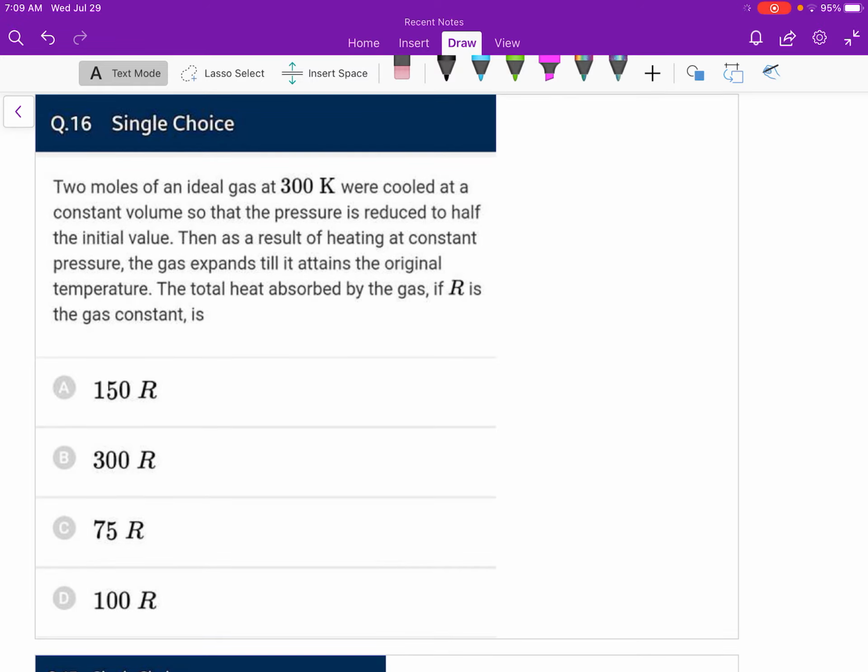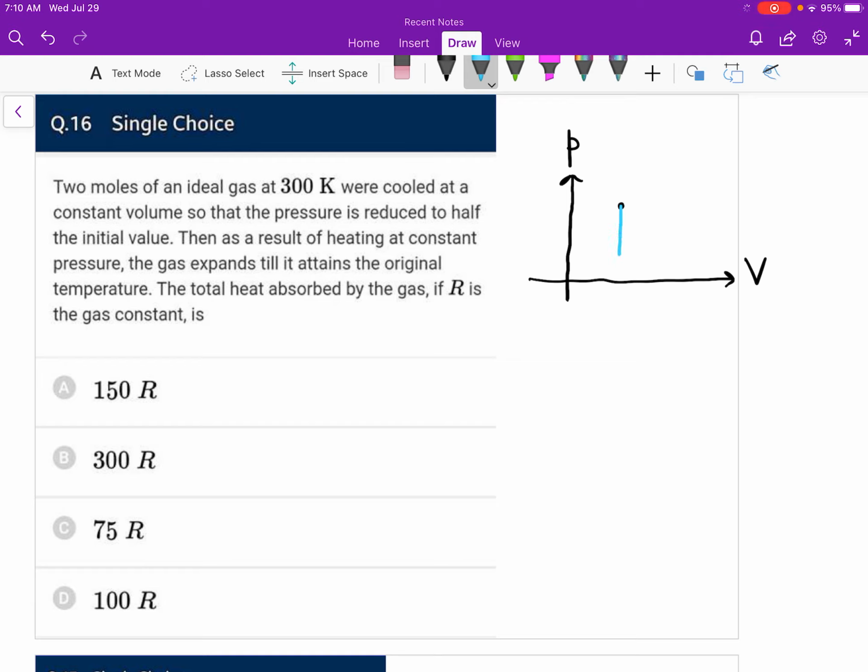2 moles of an ideal gas were cooled at constant volume so that the pressure is reduced to half. Then heating at constant pressure until the gas expands till it attains the original volume. So this is the PV diagram. First, the gas is cooled isochorically so that the pressure reduces to half, so temperature also reduces to half.